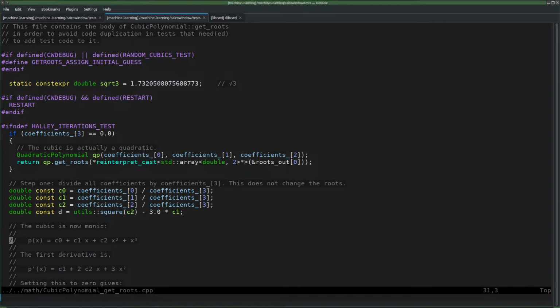No. There's another problem, namely: what I'm doing here is we scale and shift the cubic.